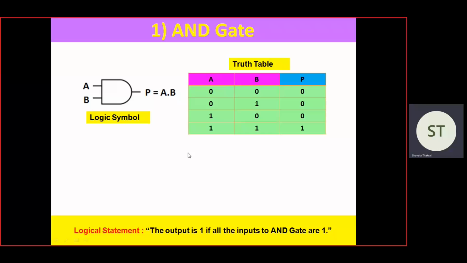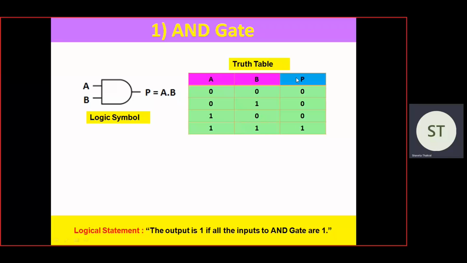In general, if there are n inputs to a logic gate, there will be 2 raised to power n input combinations. As n here is 2, 2 raised to power 2 becomes 4. So we have 4 input combinations: 0 0, 0 1, 1 0 and 1 1.